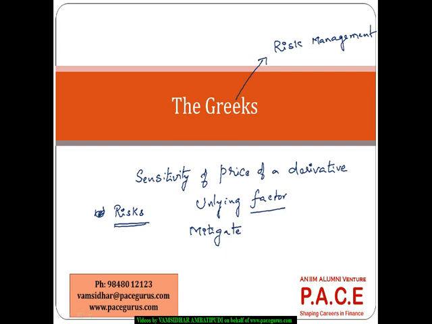There are different kinds of Greeks which are very commonly used. The most commonly used ones are delta, gamma, and Vega, very heavily used. But apart from them, we even have rho, theta, as well as lambda.